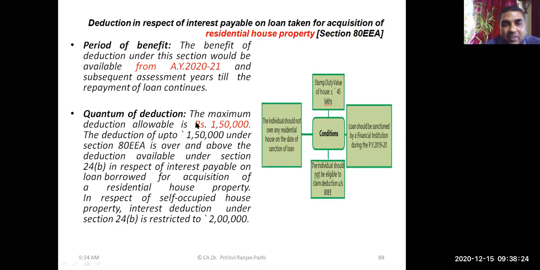And the quantum of deduction here is 1,50,000 rupees, over and above the 2 lakh rupees which is allowed under section 24B. Sir, in case of that 2 lakh, the amount above that should be taken under 80EEA, right, sir, if it exceeds that 2 lakhs?